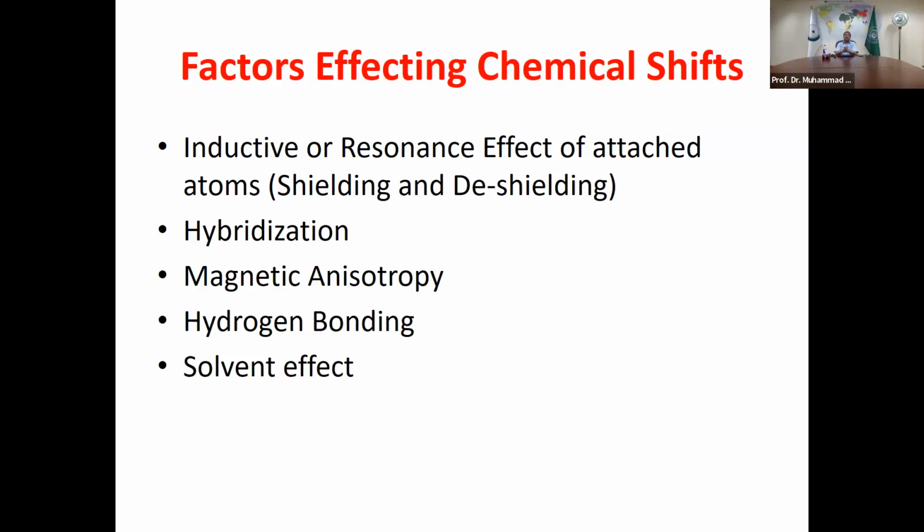So, besides the inductive effect, there is hybridization: sp3 hybridized protons are more shielded, sp2 hybridized are relatively de-shielded, and sp hybridization is more de-shielded. Magnetic anisotropy, in the case of pi-electron systems such as alkene, alkyne, benzene, you already know that they have magnetic anisotropy.